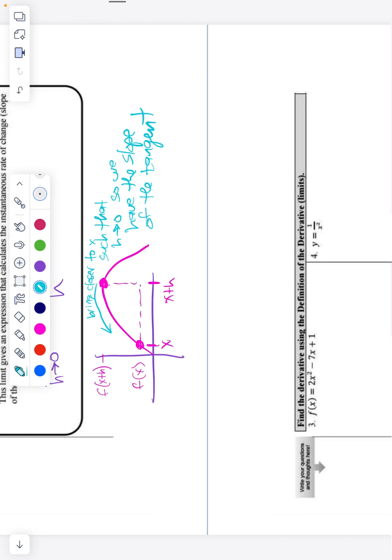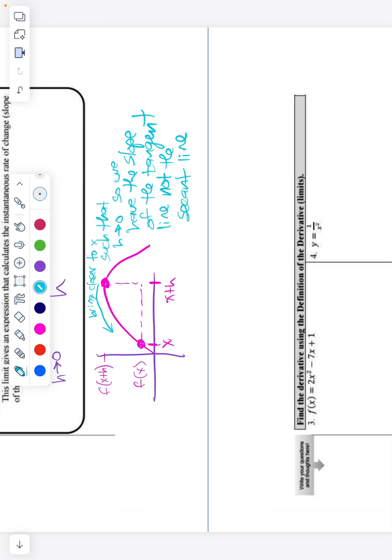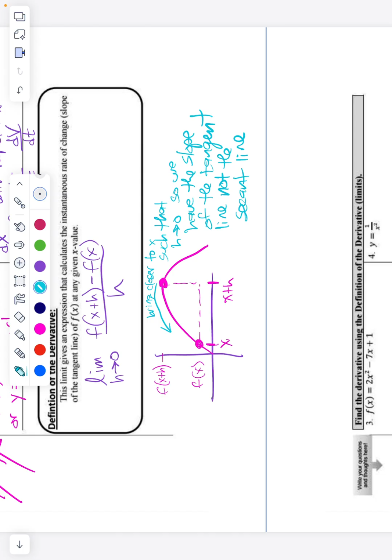I need to bring that up for you, sorry. Line, not the secant. That basically summarizes the whole last section. So if you can explain that to me on a whim, like I just asked you, then you're getting this. Okay? That's the definition of a derivative, is bring those points closer and closer together using limits, because we can solve for limits. We can't direct substitute.